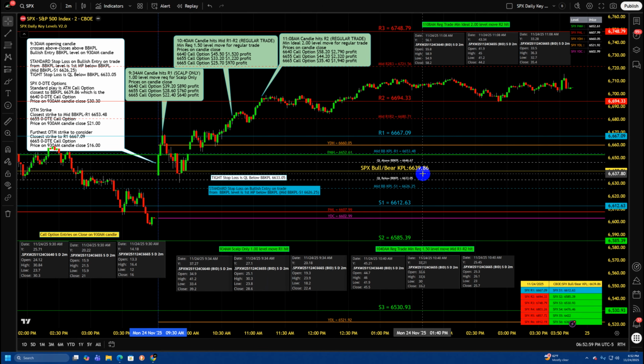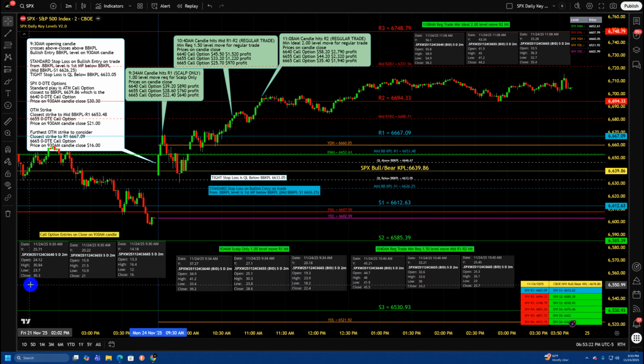And for today, since this price was 66.3986, then the at the money standard play is the 66.40 call option, as SPX trades in 5-point strike increments: 66.40, 66.45, 66.35, etc. So the closest one is the 66.40.